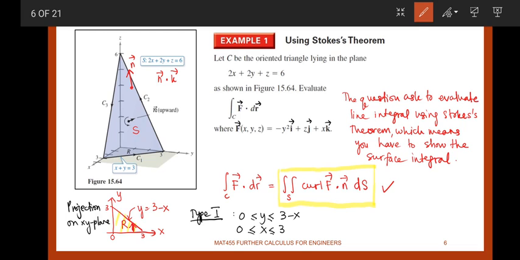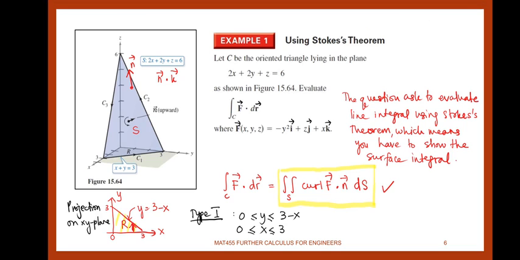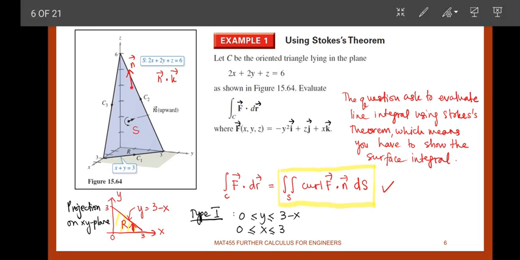So for C, we want to evaluate the line integral. For S, you want to evaluate using the surface integral. So you should know both S and C here, okay? So look at the question. Evaluate the single integral, which is the line integral, okay?